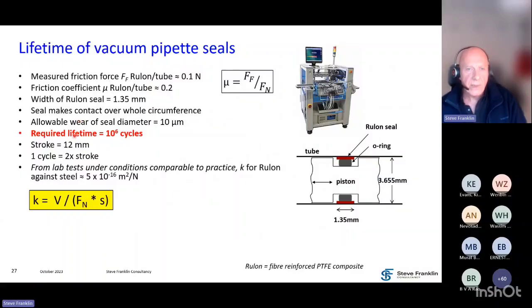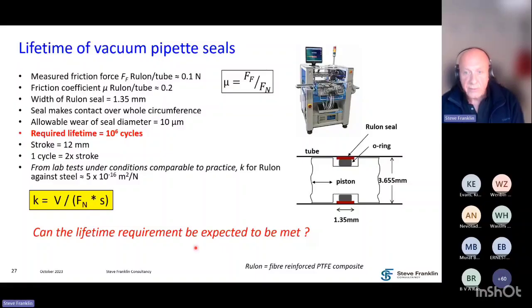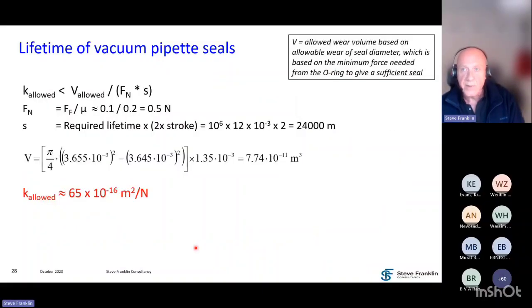So we need a required lifetime of 1 million cycles. You know how much our stroke is, and one cycle is 2 strokes. And we know a K value from laboratory tests, 5 times 10 to the minus 16. Then we can carry out the calculation to see whether the lifetime requirement can be expected to be met.